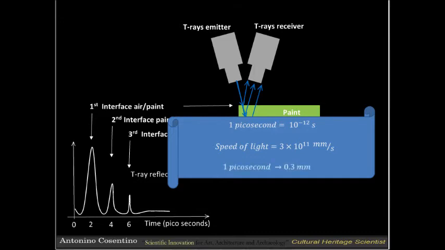Then, in 1 picosecond, light, and therefore T-rays, travels 0.3 millimeter. We can therefore switch the x-axis from time to space, and we have a spectrum which will clearly show the actual depth of each interface.